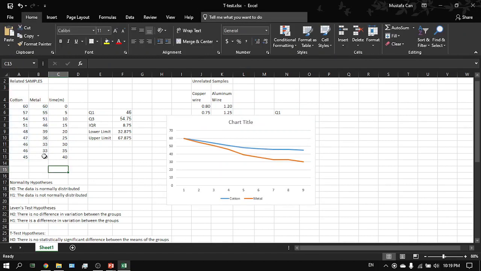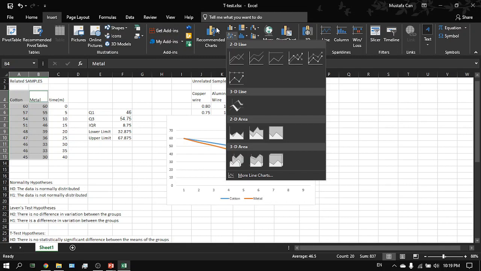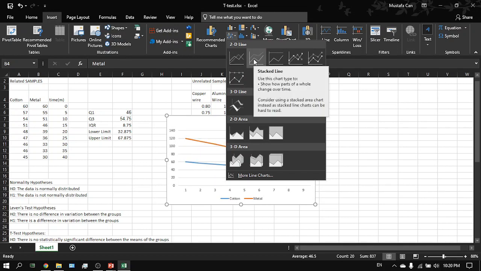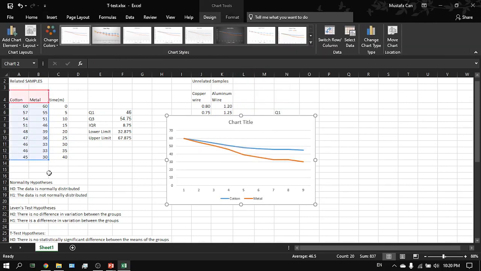I explain it. I select all my data like this, and then I press Control, select these two boxes, and then I click Insert, come to line graph. You shouldn't do this one, especially this is a frequency type of stacked line, so this shows frequency, and you should do this one line, and yeah.